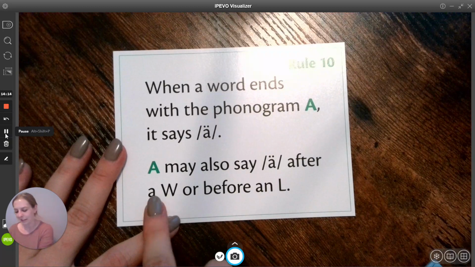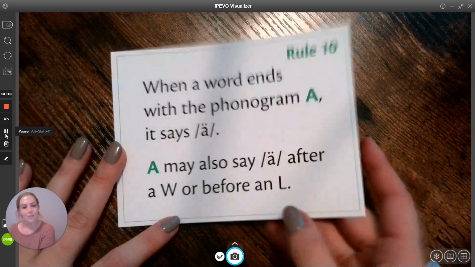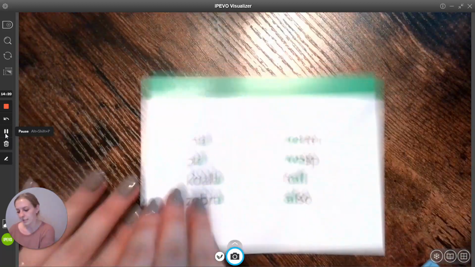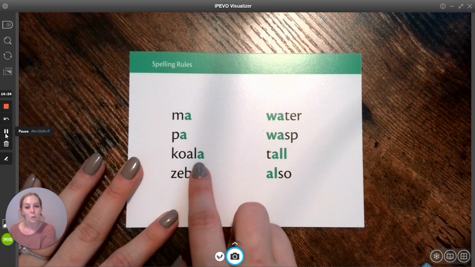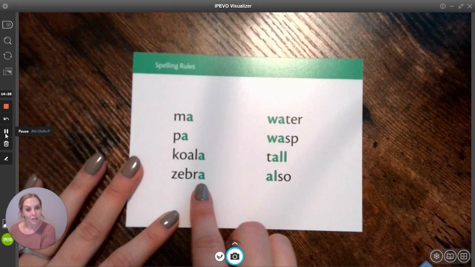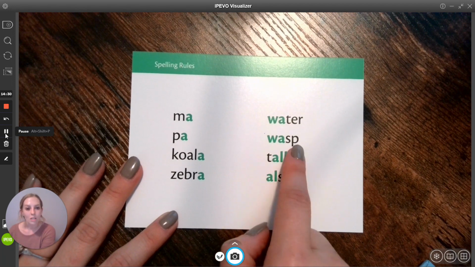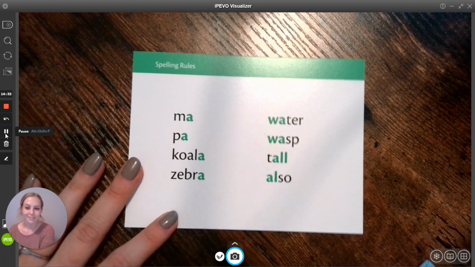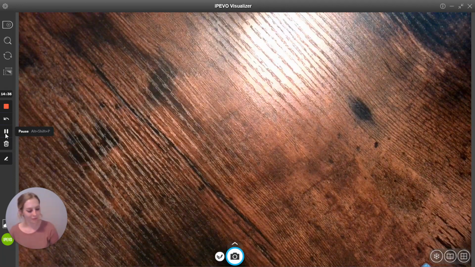I'm sorry, I messed up there. Miss Kinsler does that a lot, but that's okay. So some examples of spelling rule 10: ma, pa, koala, zebra, also, tall, wasp, water. Awesome job. That was the one we just learned about.